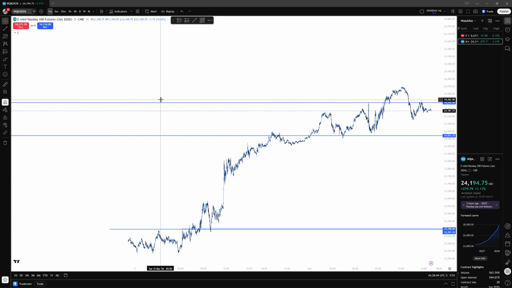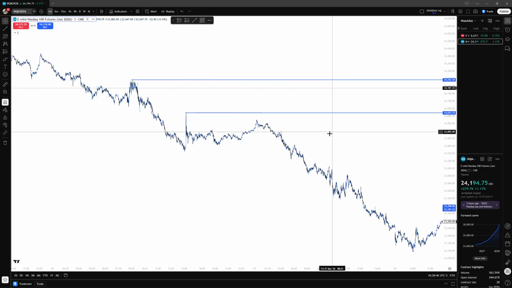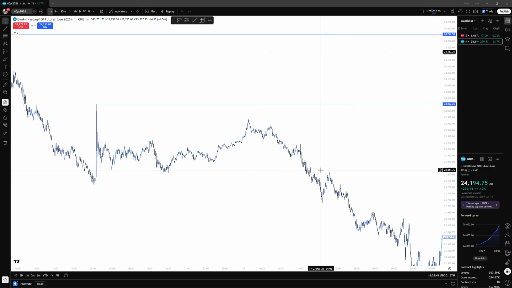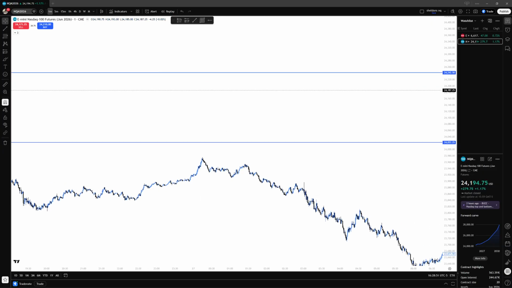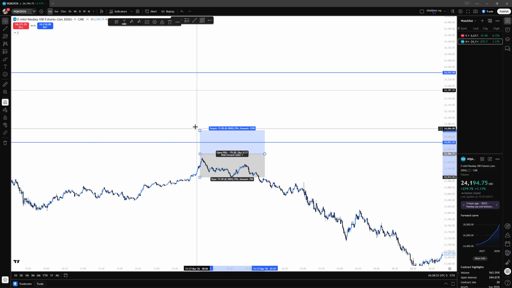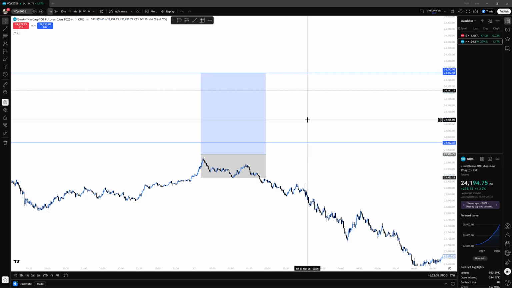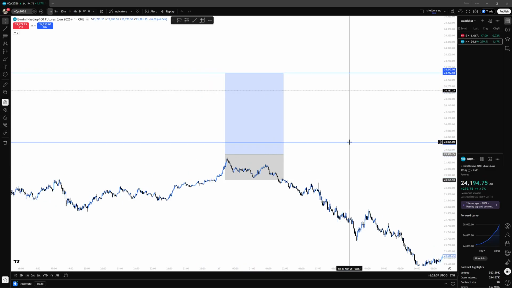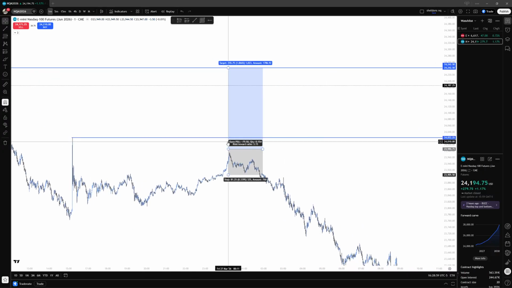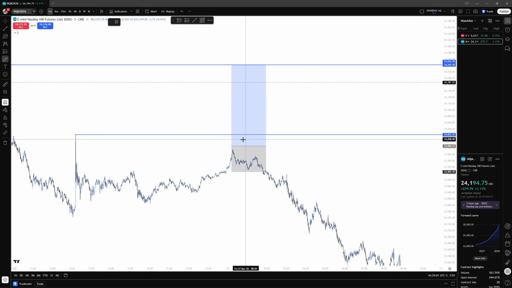All right, so let's say that we wanted to target something like this, something higher. We're going to pretend this is like 50 points, not that it's actually this much. So let's say we wanted to take a trade like this. Once we hit this zone, this level right here, we would immediately go break even because we're trying to target this.